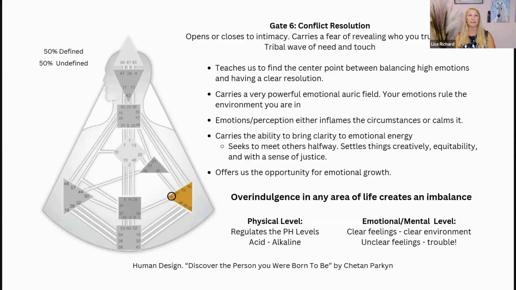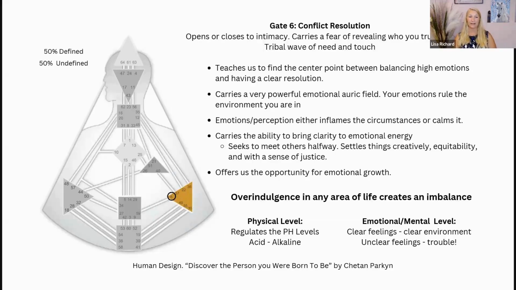So for anybody who is of emotional authority, and it's going to say that on your human design chart right at the very top, you do have to find the balancing point between your wave patterns. For the rest of you who have that center undefined, it's white, you are feeling other people's emotional energy at 200%.